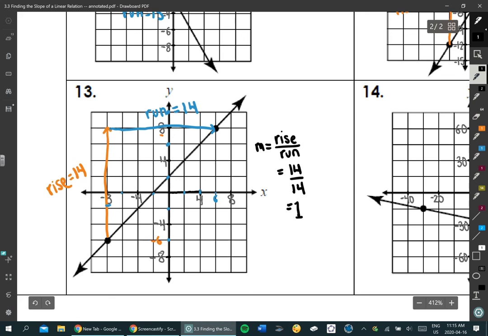So the slope is +1. And because the same scale was used on the x and y axis, we could have technically just counted squares here. For example, if I count the rise, 1 square, 2, 3, 4, 5, 6, 7, over 1, 2, 3, 4, 5, 6, 7. So 7 over 7 would also give us 1, okay?